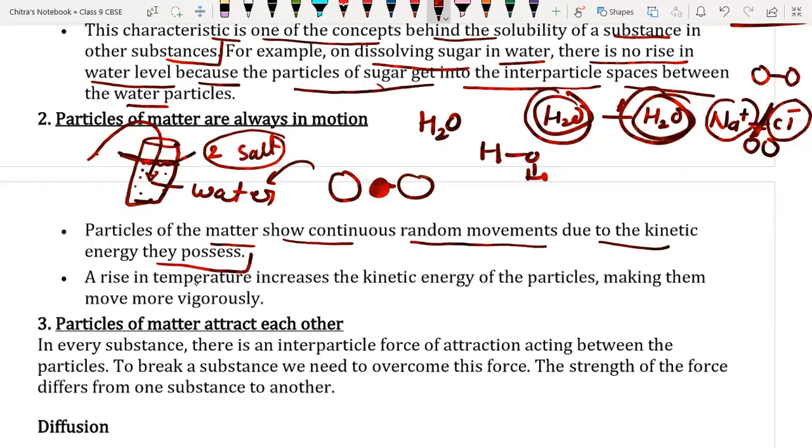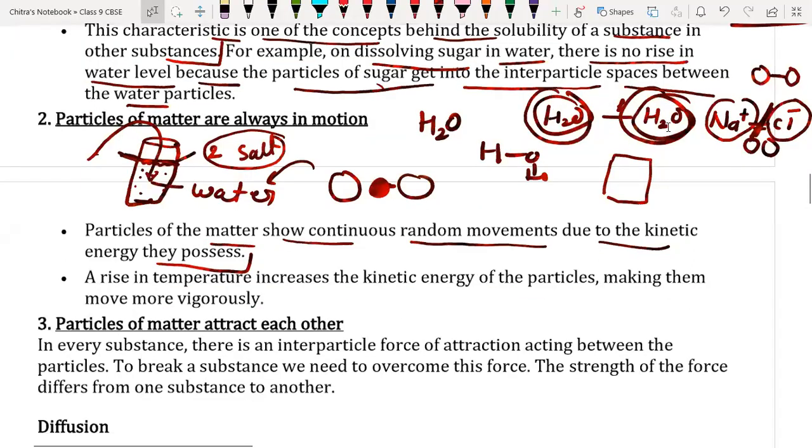Suppose I take the example of water. Here we have a glass container, so that we can see how particles are moving. Wait a second, someone is in the meeting room.